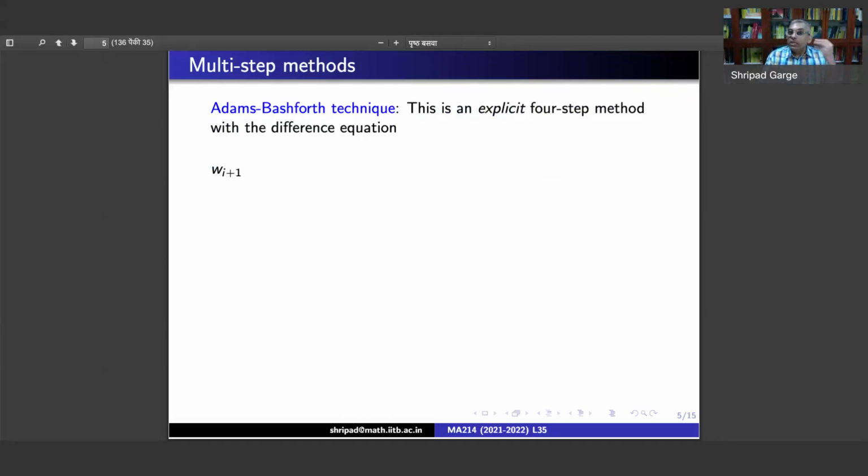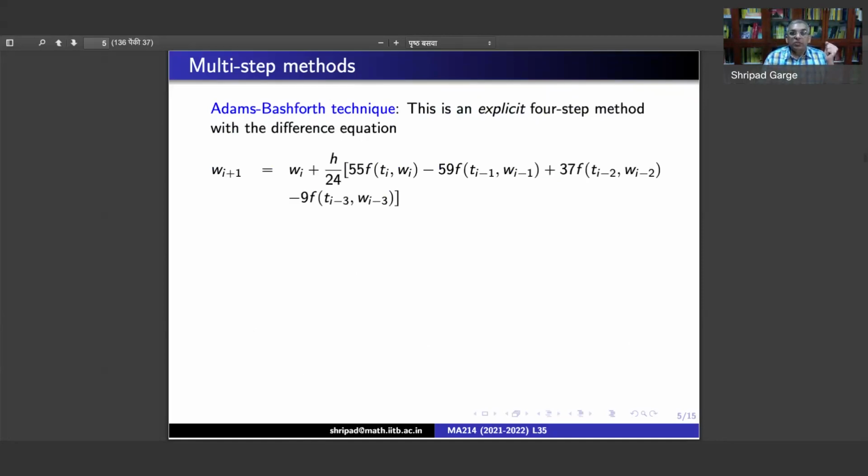You will need 4 points before i plus 1, and they are indeed these. So you start with w_i plus h by 24, 55 f of t_i w_i minus 59 f of t_{i-1} w_{i-1} plus 37 f of t_{i-2} w_{i-2} minus 9 f of t_{i-3} w_{i-3}.